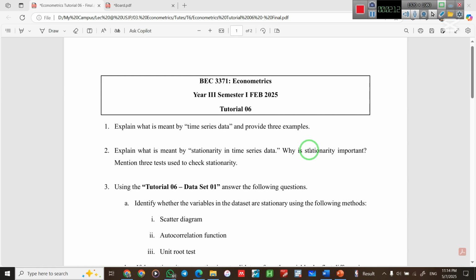So when there are no such huge changes or huge variances, we can forecast more accurately than before, right? When the mean and the variance are constant, that means we can forecast more accurately, right?